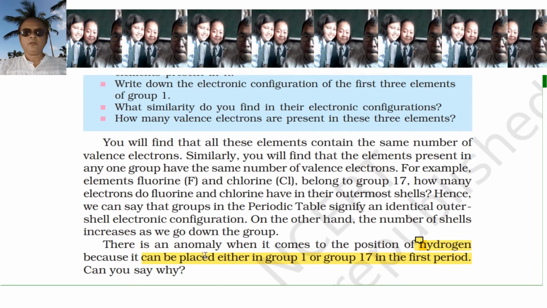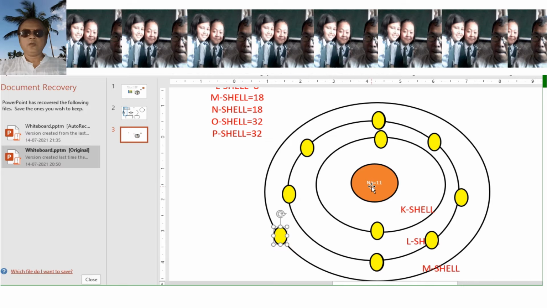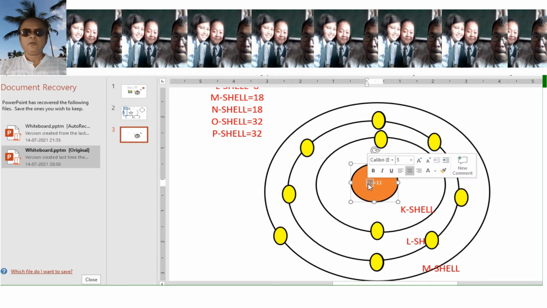In your textbook, fluorine and chlorine are considered. Fluorine has atomic number 9. Let us draw the electronic configuration of fluorine.